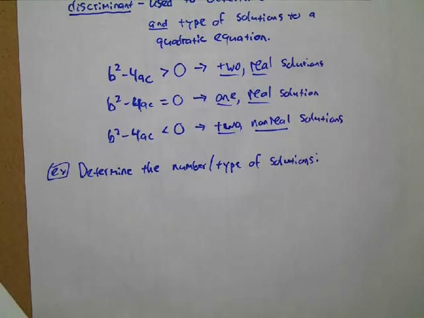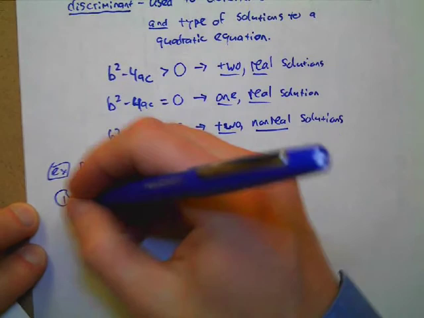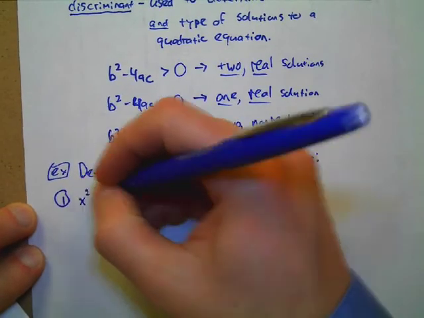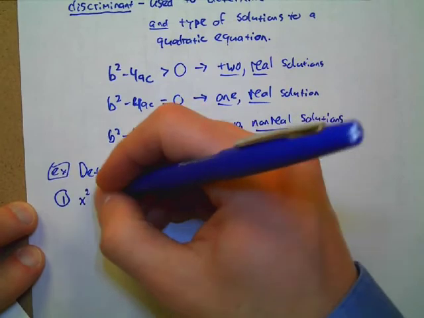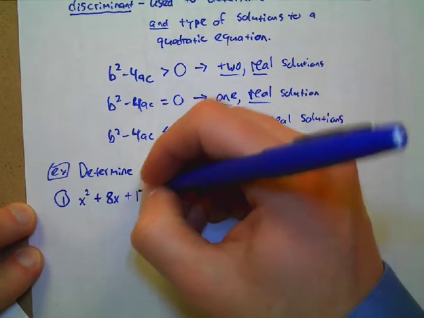So let's try number 1. We'll say x squared plus 8x plus 17 equals 0.